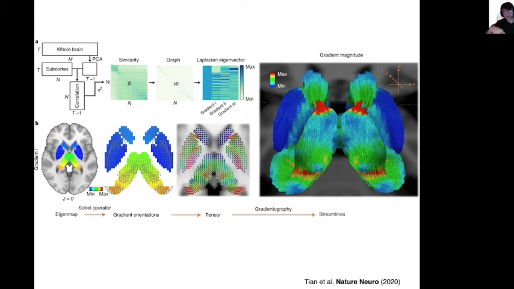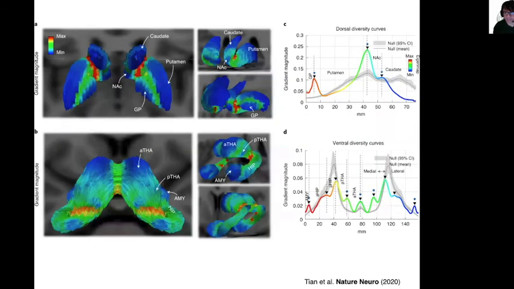And by doing so, you can actually visualize the progressive transition in the magnitude of the gradient in the brain. This magnitude of gradient across the brain sometimes has a slow transition and sometimes a very sharp and quick transition.